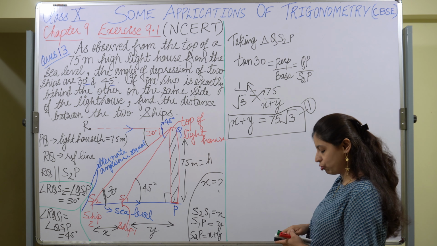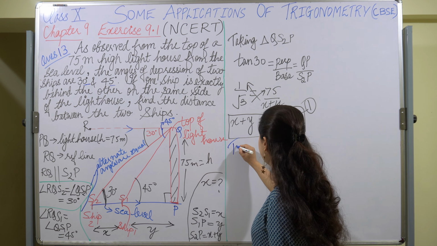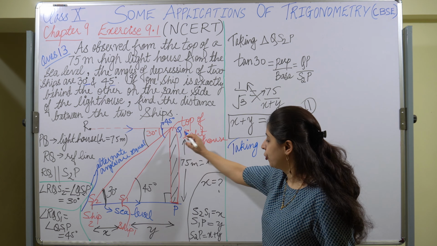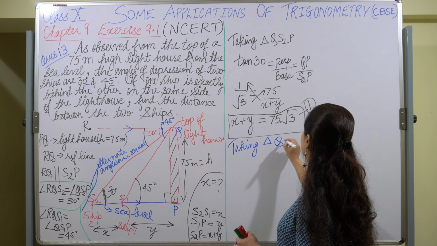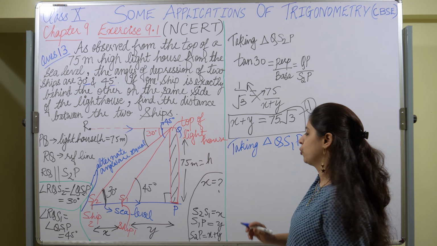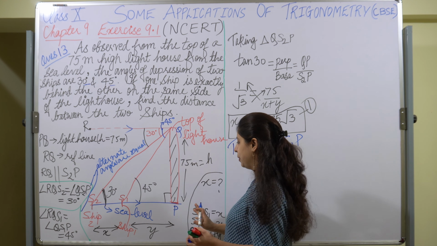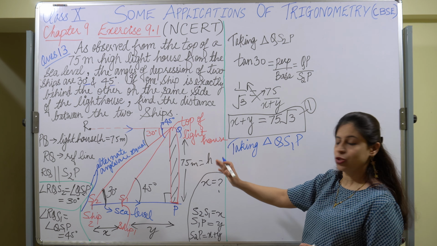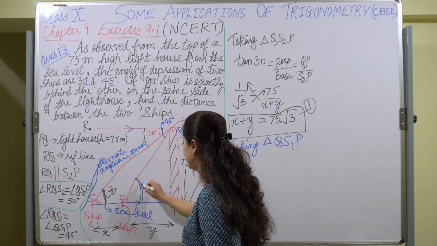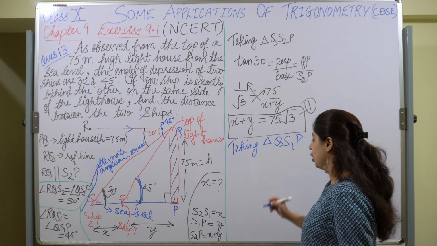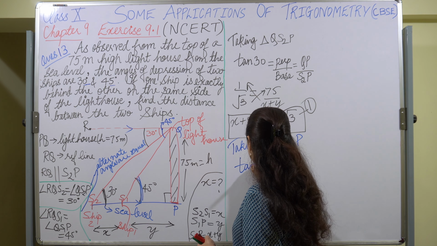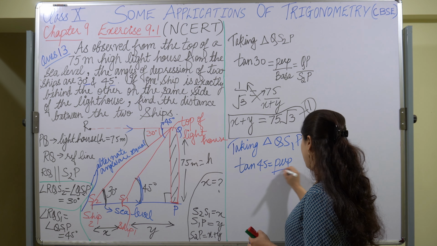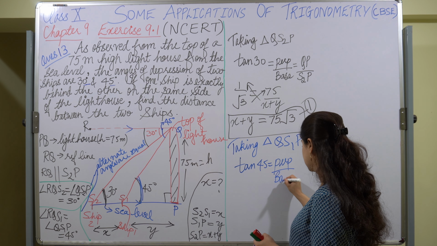Now taking the triangle QS1P. In triangle QS1P, QP is the perpendicular, and I am taking my angle to be 45 degrees over here. So tan 45 degrees will be equal to perpendicular upon base.